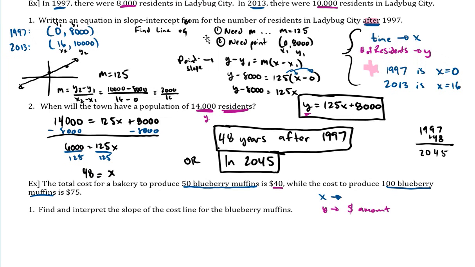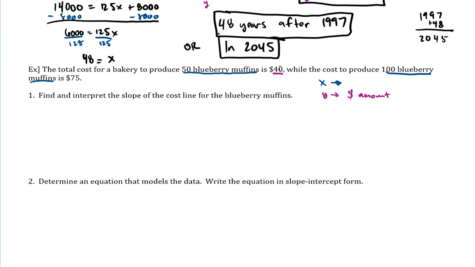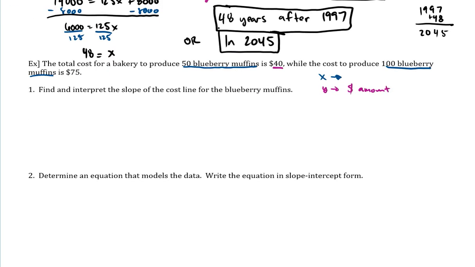Just like how X is usually some type of time, like in the previous problem. Whereas X in this problem is the number of blueberry muffins. I'm just going to abbreviate it and say muffins. Okay, so we have the dollar amount. Dollar amount for Y, number of muffins for X.